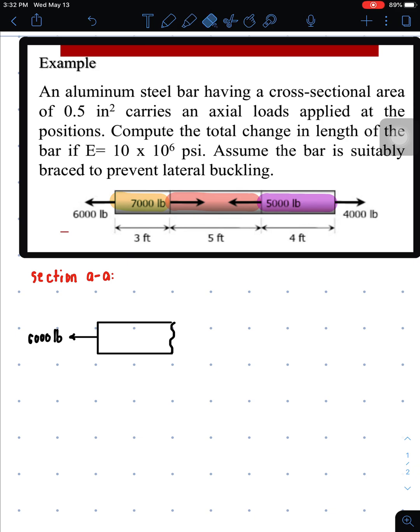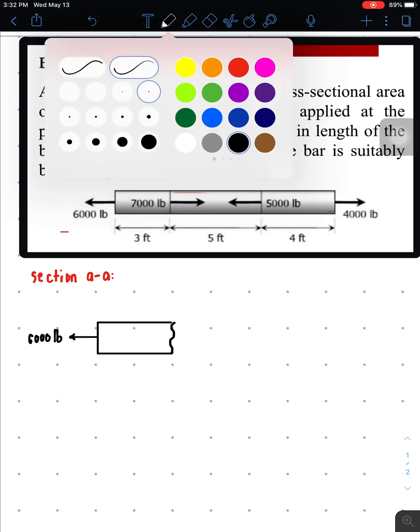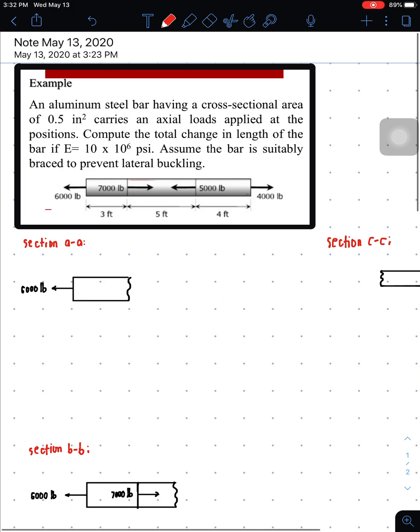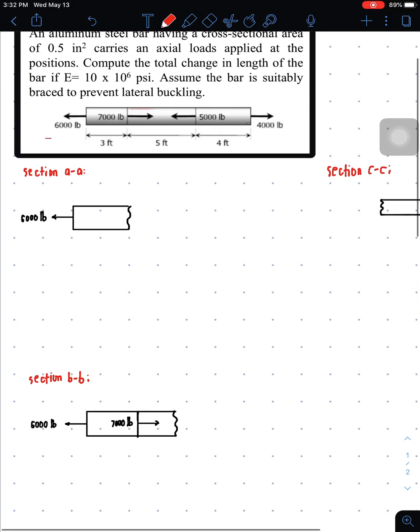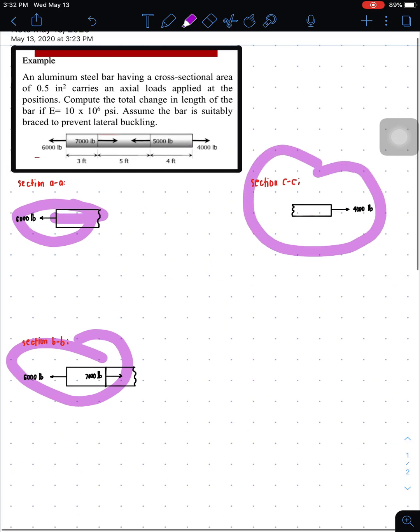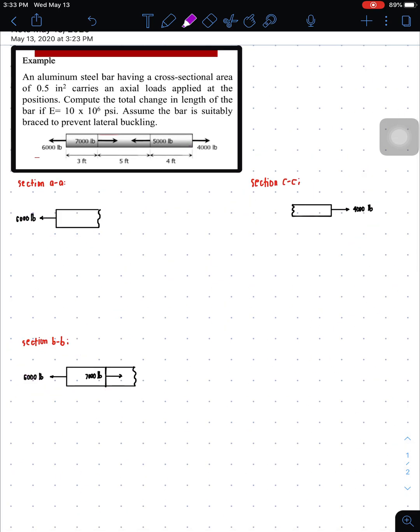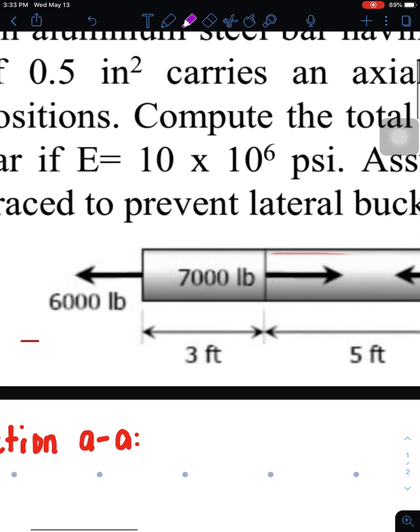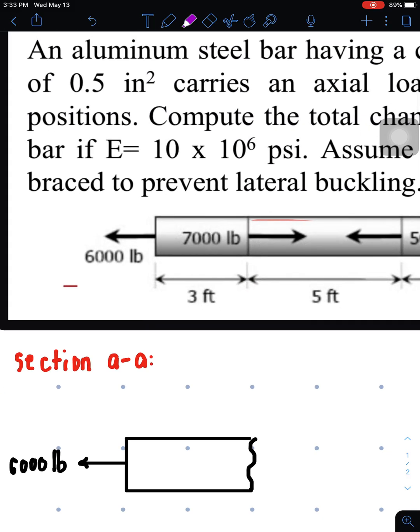Okay, so without further ado, let's continue. What we're going to do is consider a section. By the way, I have already prepared the sections: this one, this one, and this one, so that we're ready. I'm going to consider section AA.